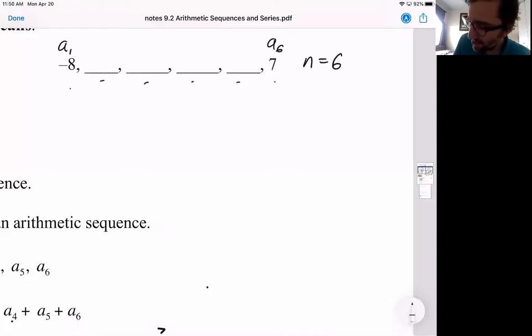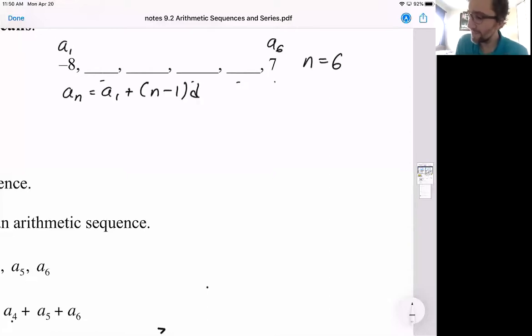So our very general formula is a sub n equals a sub 1 plus n minus 1 times d. A sub n is 7. A sub 1 is negative 8. N is 6. There are 6 total terms in this sequence. And we're solving for d, the common difference.